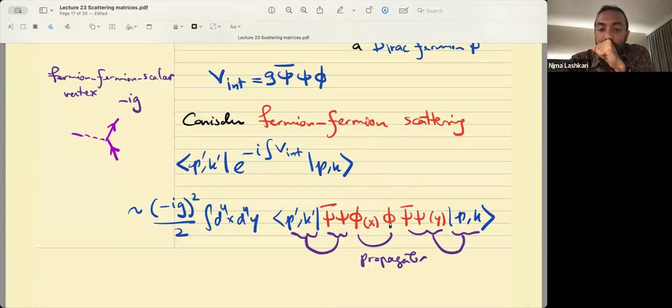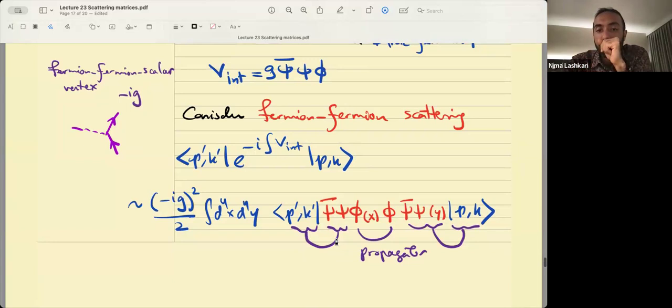Is that clear? Now you're going to pick up a propagator in the phi, and then these guys are going to get contracted with these, and these guys with these.